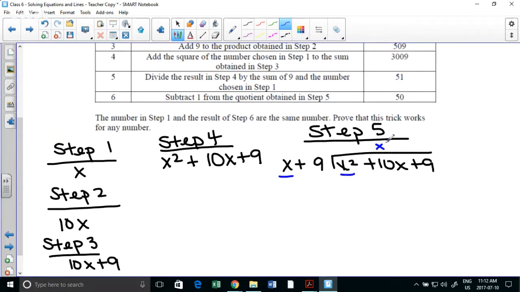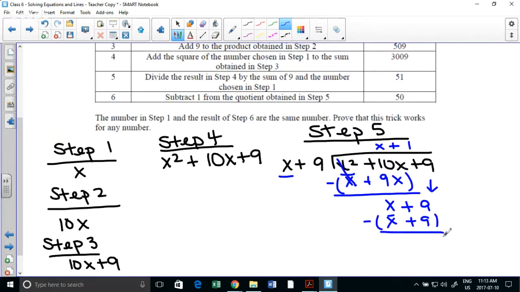So I'll just go through this quickly, hoping that we remember what we do for long division. Dividing gives me x, multiplying each term, this cancels out. 10 minus 9 is x, bring down the 9, that gives me a 1, multiplying again, and subtracting. X minus x goes away, 9 minus 9 gives me 0.